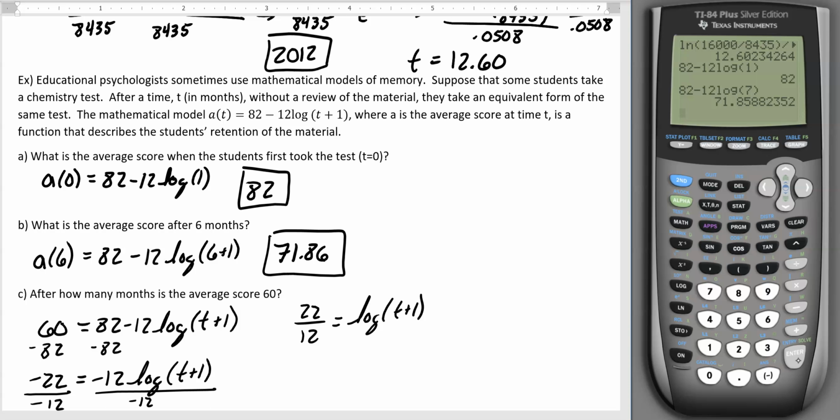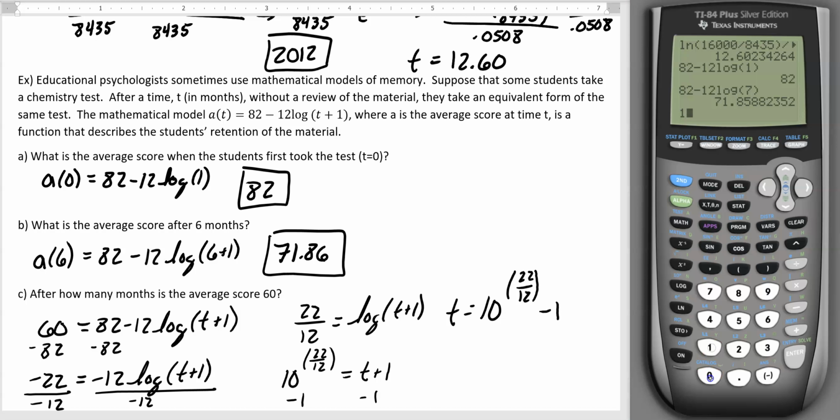Let's convert that. So it'd be 10 to the 22nd over 12 equals t plus 1. And subtract 1 from both sides. So t will equal 10 to the 22nd over 12 minus 1.